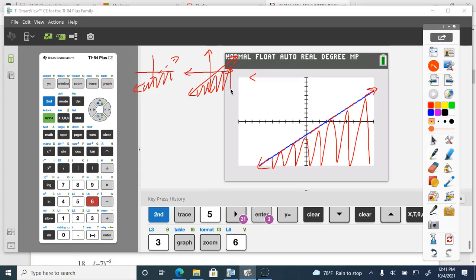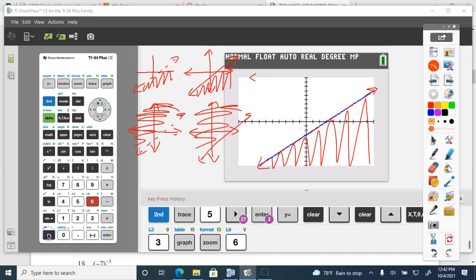It's not dotted. One choice will be dotted like it's supposed to be, but guess what? It's going to be shaded incorrectly. And then one choice will be solid but shaded incorrectly. Those are usually your choices. Does that make sense? You just got to pick the one that's right.